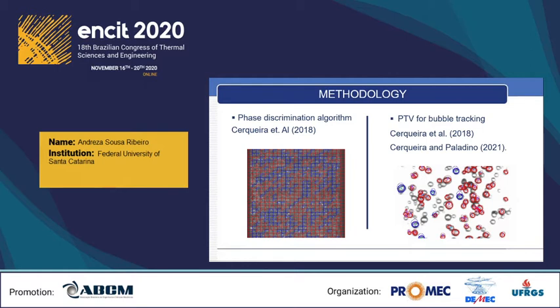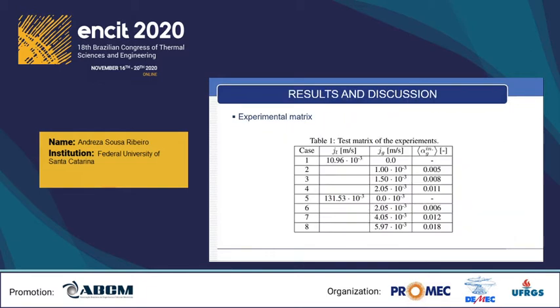The details of the image processing and application of PTV can be found in Cerqueira et al. and Cerqueira and Paladino. In this work, 2 single-phase flow conditions and 6 two-phase flow conditions are going to be tested.